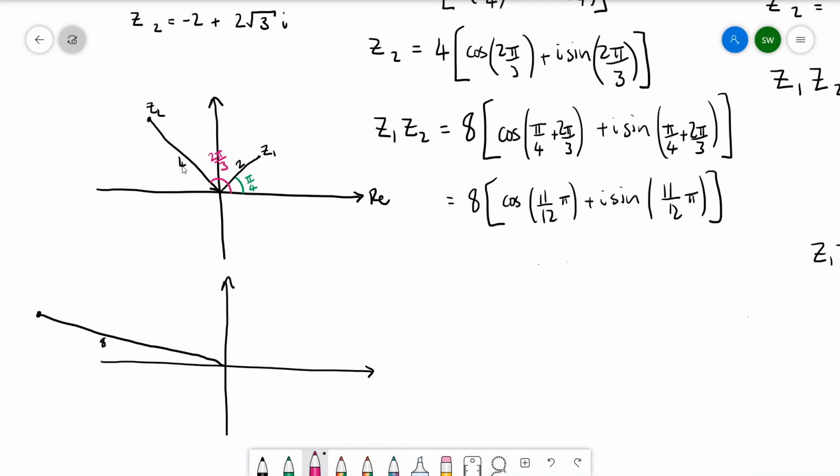And the argument is going to be all of this angle here. And to get that angle, we did the argument of the first complex number, pi over 4, add the argument of the other complex number, 2 pi over 3. And we ended up over here at an angle of 11 twelfths pi.